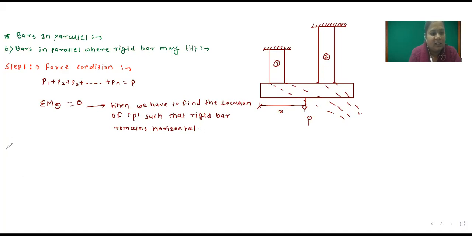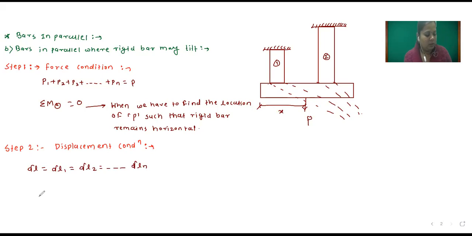Okay, and then step 2 is the displacement condition. Displacement condition means the change in length in rod 1 is equal to the change in length in rod 2, which is equal to that of n number of rods. Okay, so this is the second condition. So the total change in length is equal to the change in length in rod 1, which is equal to the change in length in rod 2.